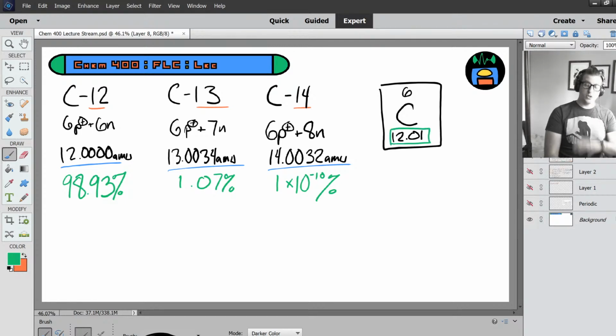on the periodic table for every element is not a pure average, right? There's an assumption that goes in with taking an average, and that assumption is that every number that you're taking the average of has an equal representation. But as you can see, carbon-14 and carbon-13 are in the severe minority. What goes into the calculation for the atomic mass that we see on the periodic table is something called a weighted average.